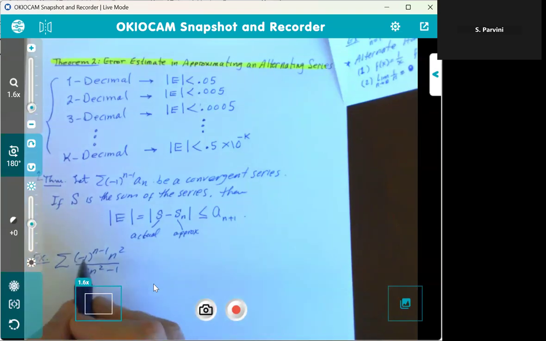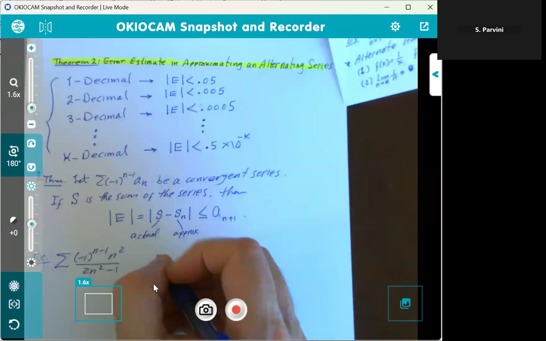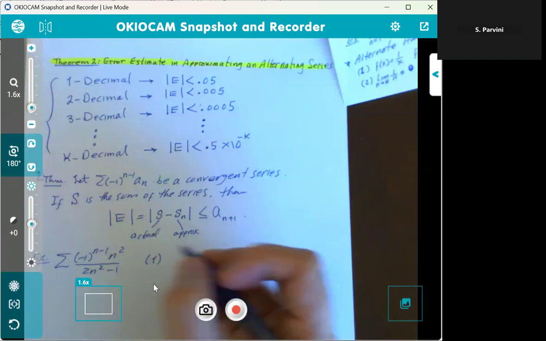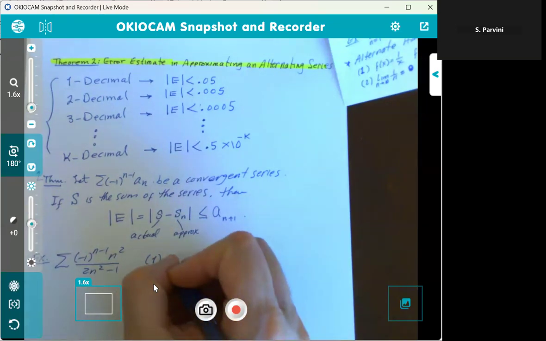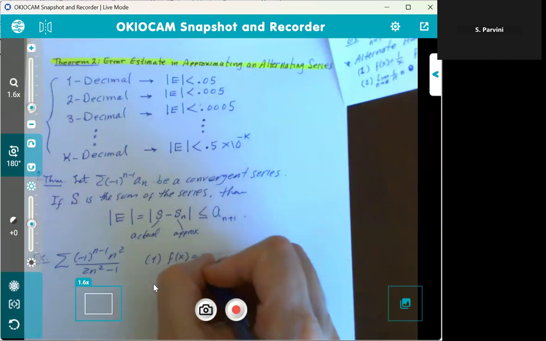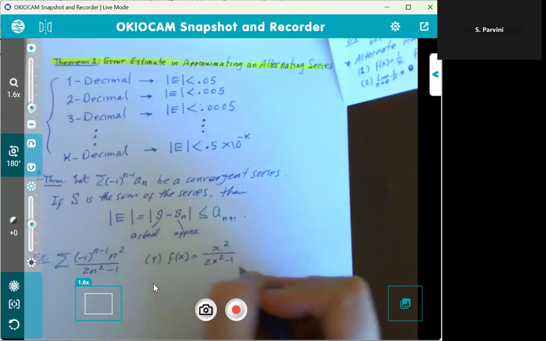This is clearly alternating. Again, every series I'm doing in this lecture is going to be alternating. For this series, number 1, is the series decreasing? If I look at my f of x, f of x is going to be x squared over 2x squared minus 1.